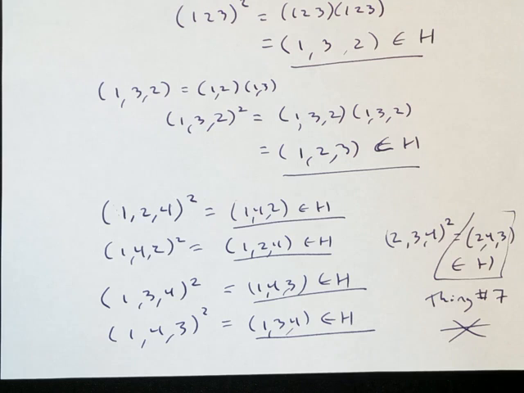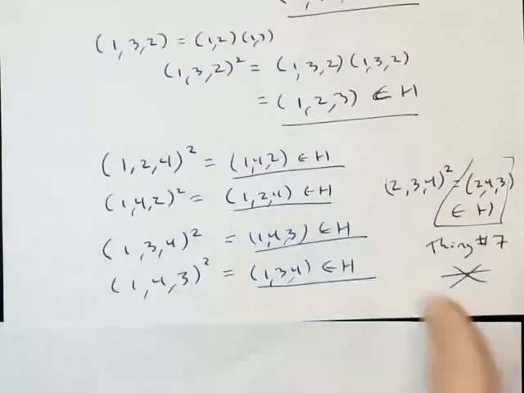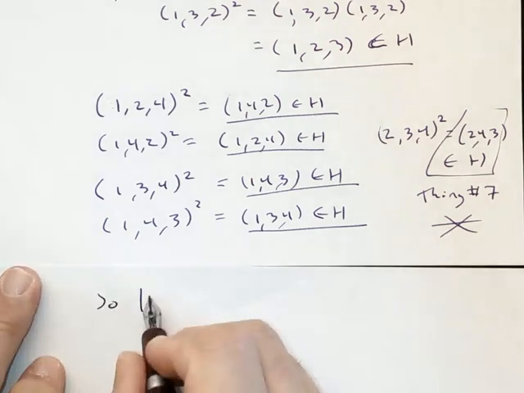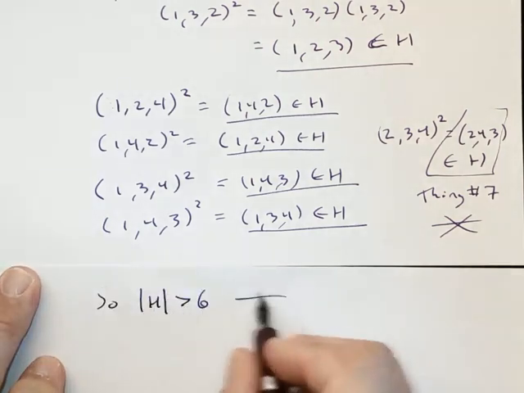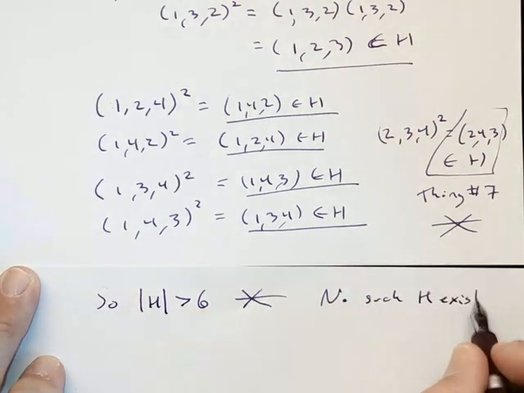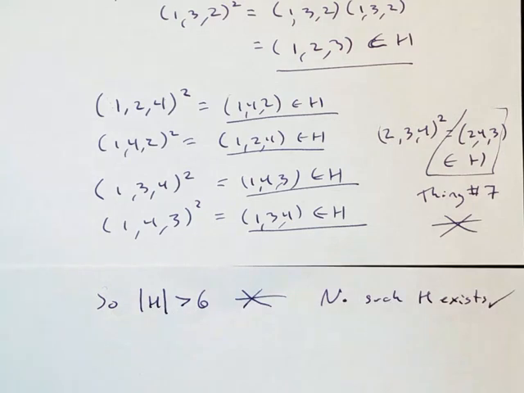No matter what subgroup of size 6 you try and build, it must contain squares, and there are more than 6 squares. But I can only do that because I understand that squares must be in here.